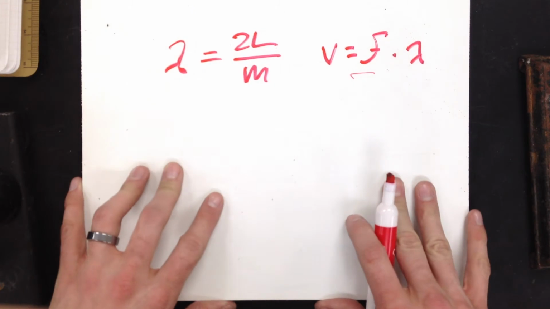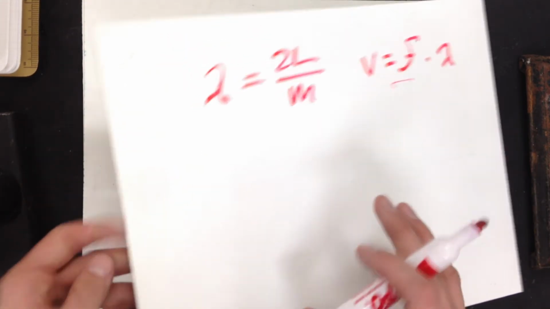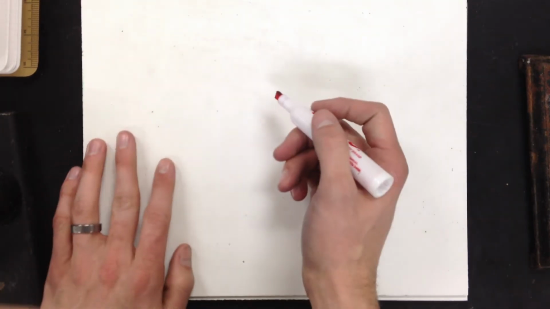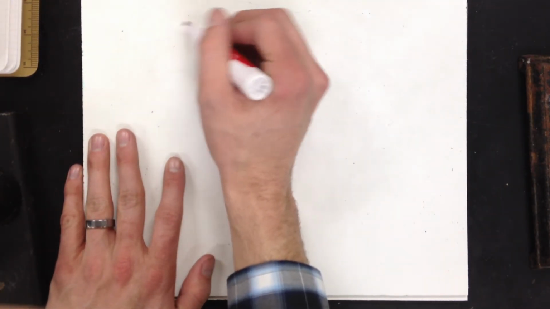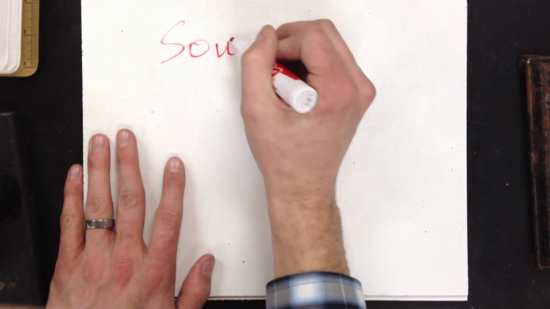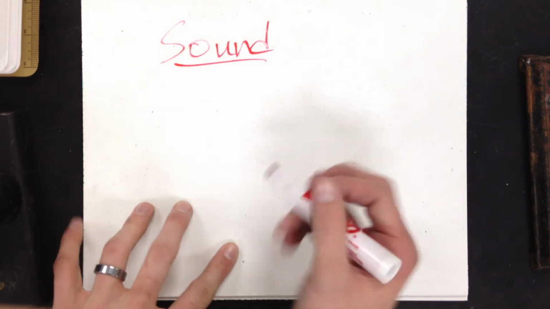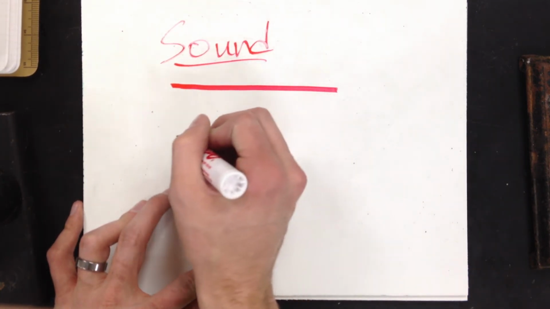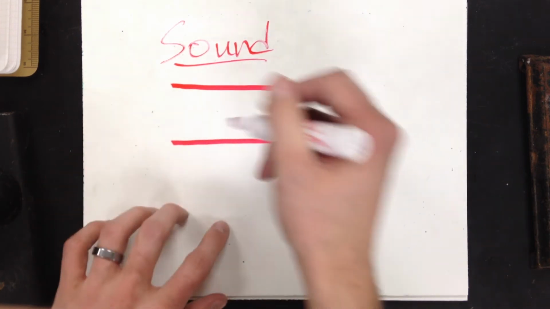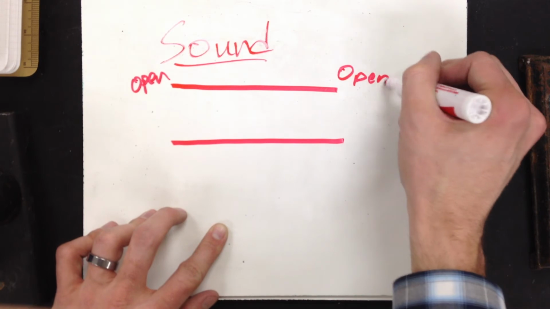So, let's talk about another class of instruments, and let's look at now standing waves in air, or more commonly known as sound. And what I'm going to do is start with a tube that is open at both ends.